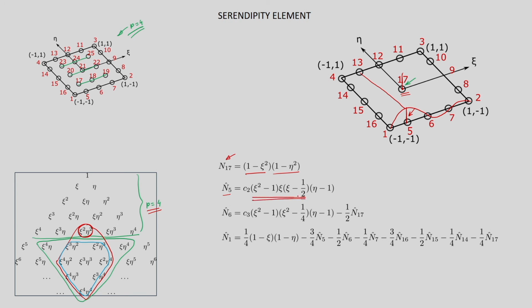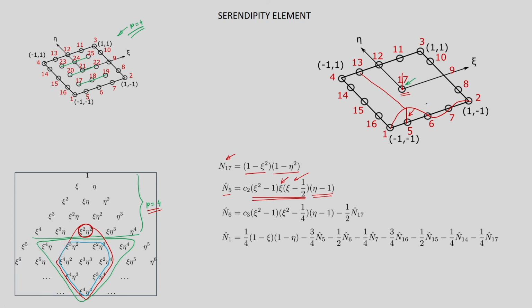It is a polynomial of degree 4 in xi and linear in eta. Now look at this N5. Since N5 is 0 at node 6, which basically corresponds to xi equal to 0, it is automatically 0 at node 17. We do not have to enforce N5 as 0 at node 17 because it is automatically 0 at xi equal to 0.